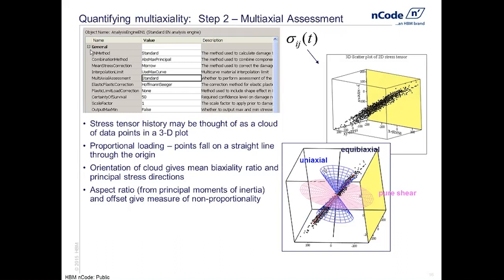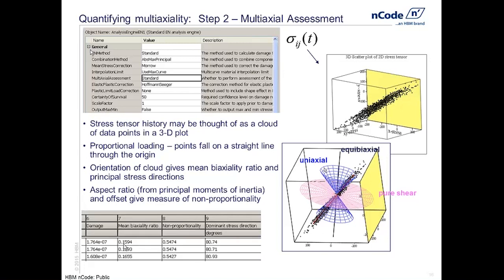Now, in the software, the default settings of most of the analysis engines do this type of assessment as standard, and we can use it to evaluate our results and then decide either interactively or automatically whether we want to make further calculations at that node. So if you look in the results tables, you'll see mean biaxiality, non-proportionality, and dominant stress direction appearing.